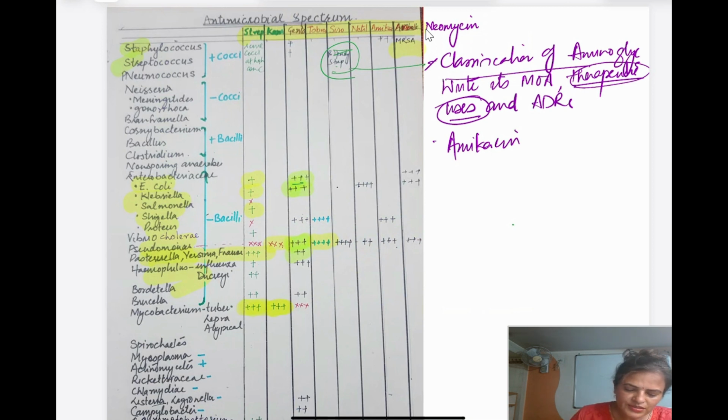First you write all the gram-positive cocci like Staphylo, Strepto, Pneumo, then gram-negative cocci, positive bacilli, negative bacilli, Mycobacteria, and the various miscellaneous ones, as many as you remember. Especially related with that particular antimicrobial agent, try to write accordingly.